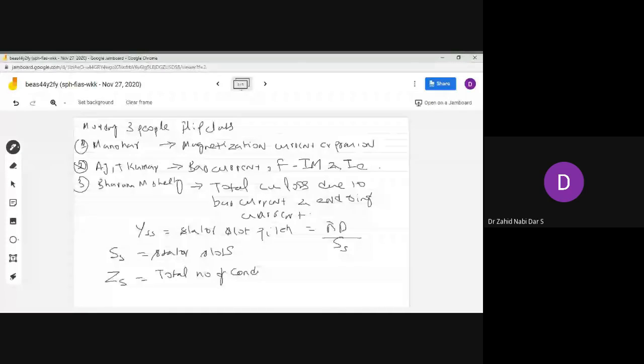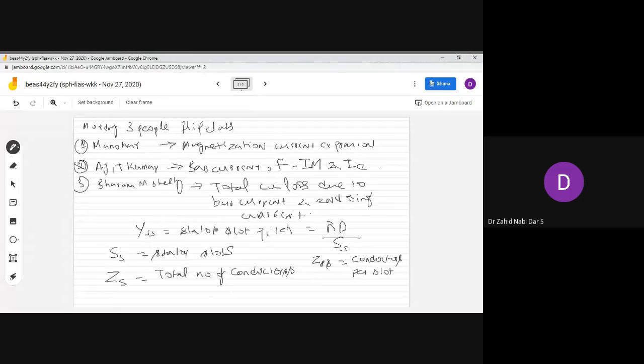ZSS is the number of conductors per slot. Say I have 72 slots and 20 conductors per slot.